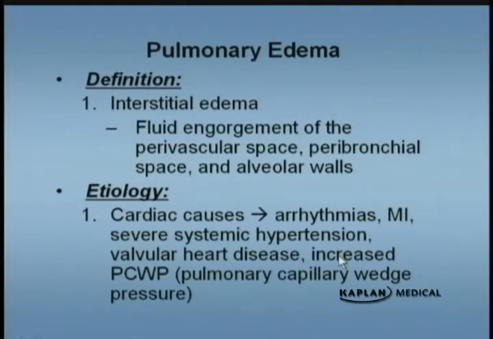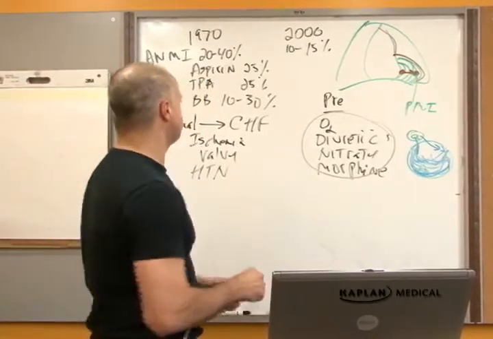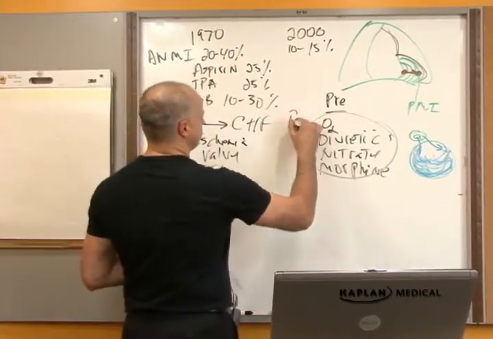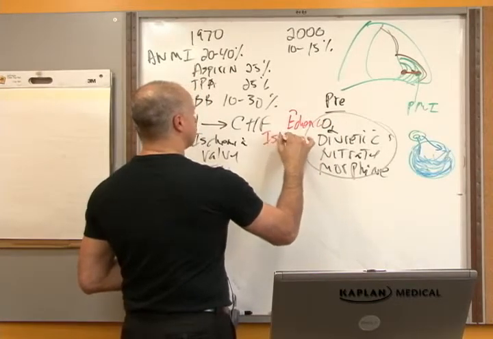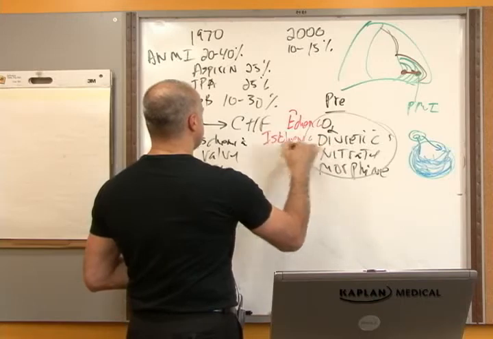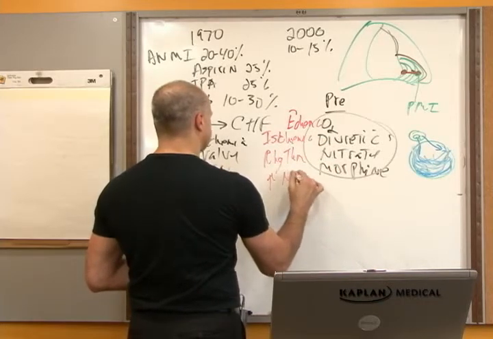The most common causes of pulmonary edema: once you have a sick, leaky, weak heart with ischemia, valvular heart disease, hypertrophic cardiomyopathies, what puts you into pulmonary edema? You get more sudden ischemia, a rhythm problem, some form of increased salt load.